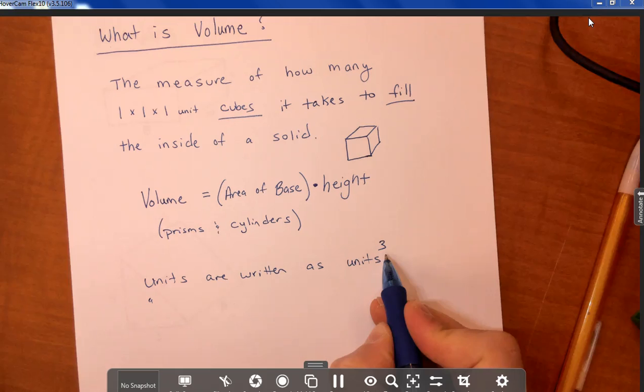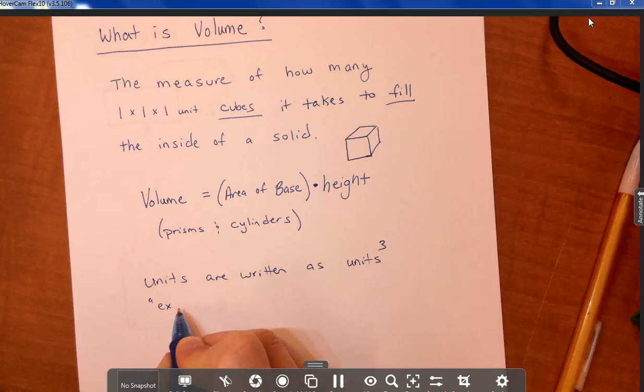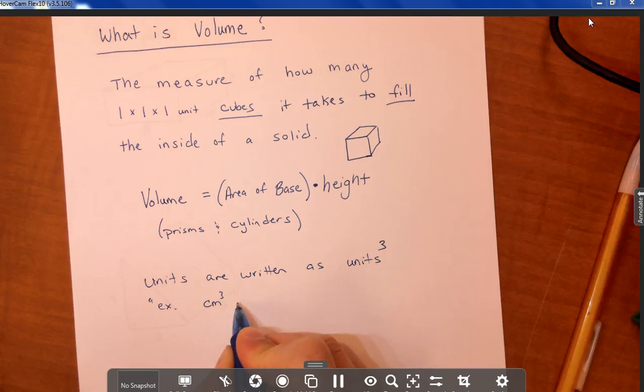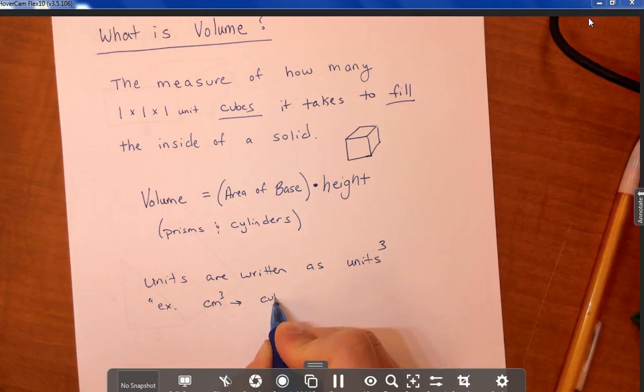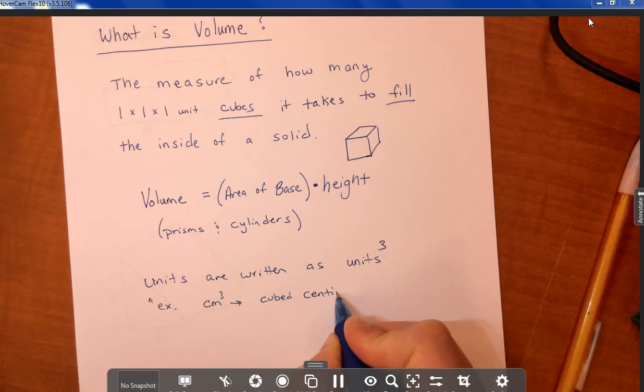So the third power is really the 3 dimensions. You've got your width, your depth, and your height. So as an example, if you had centimeters to the third power, we would say cubed or cubic centimeters.